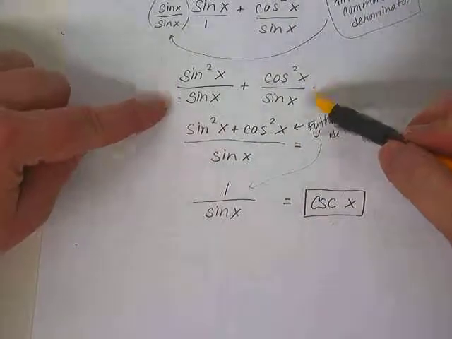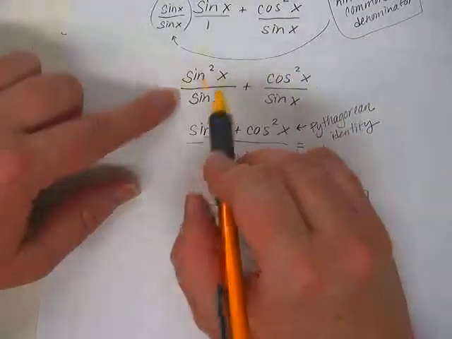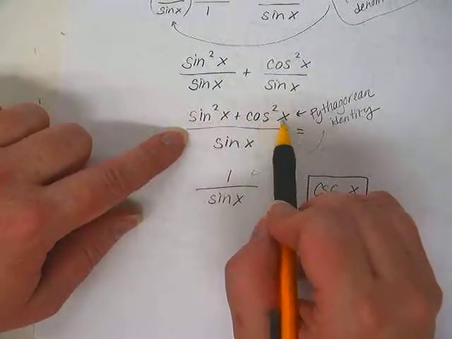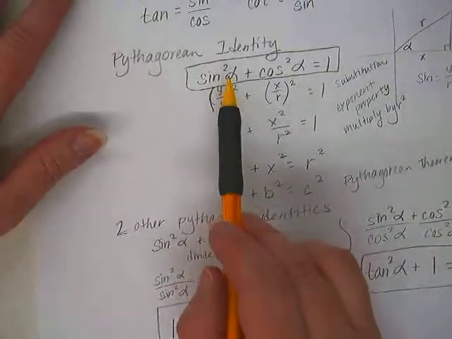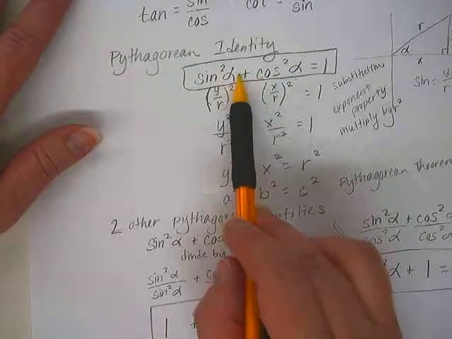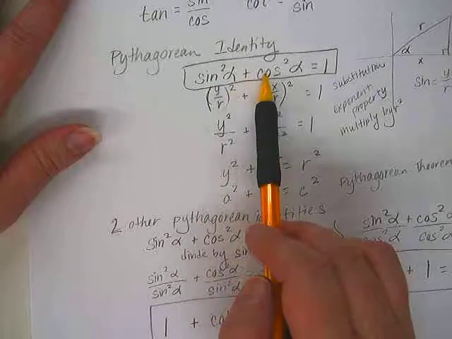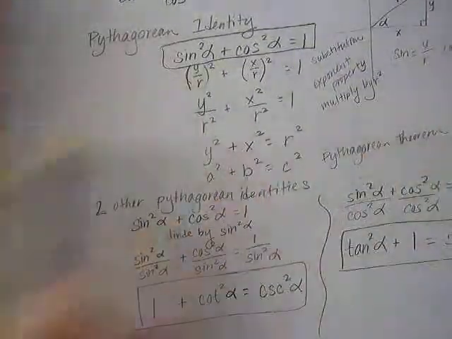Second to last step. Where? One below. Right here? Yes. Okay. So this thing right here, how did I get to this step from that step? I added these fractions together and I got sine squared x plus cosine squared x. And that is equal exactly to this Pythagorean identity, although we used alphas instead of x's.